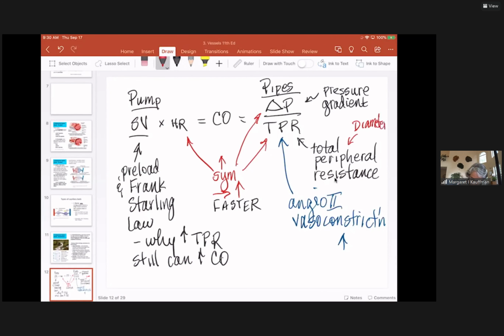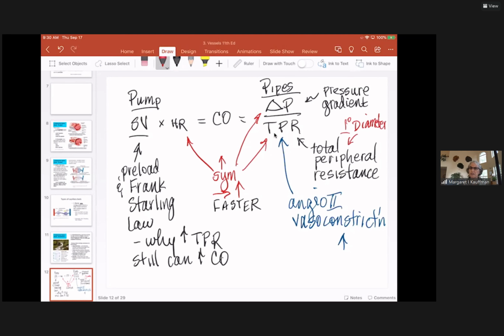Can't control my Siri. So the diameter is the primary way in which you can regulate total peripheral resistance. So one of the things that seems contradictory, if you step back and look at it, is that if I am trying to increase cardiac output, then on this side, what I do with my sympathetic is I increase resistance.